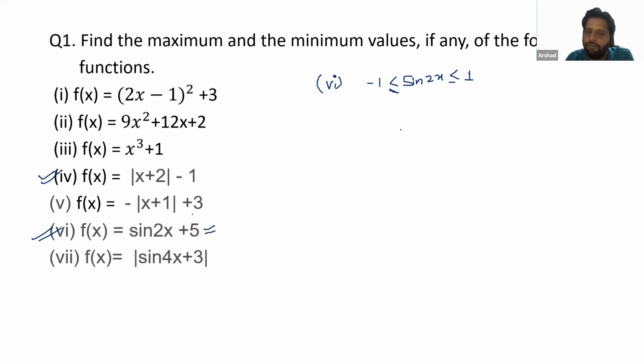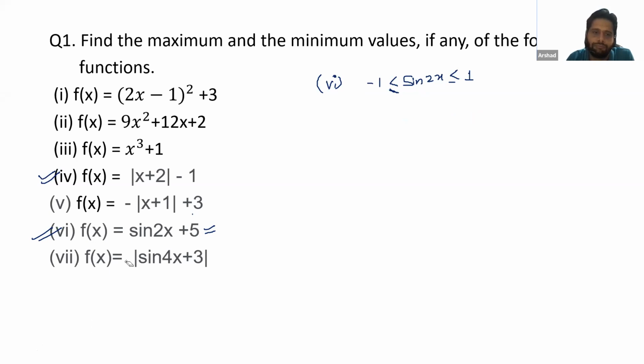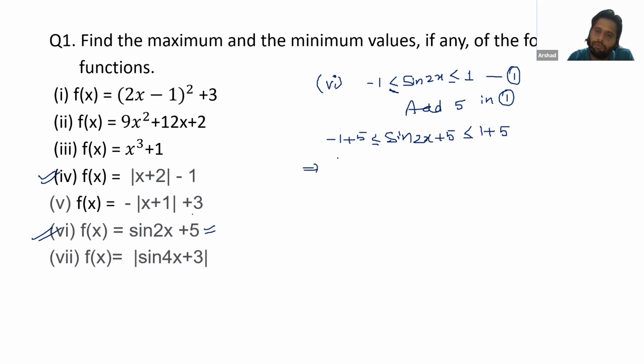In the question you have a 5, so we add 5 on both sides: sine 2x plus 5 is less than or equal to 1 plus 5, and greater than or equal to minus 1 plus 5. So here we get 4 less than or equal to sine 2x plus 5, and less than or equal to 6.